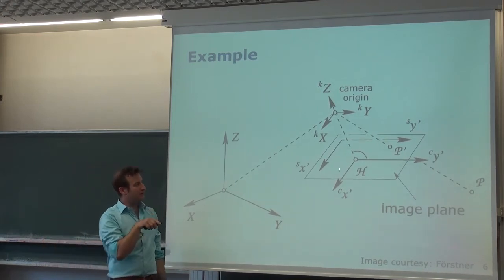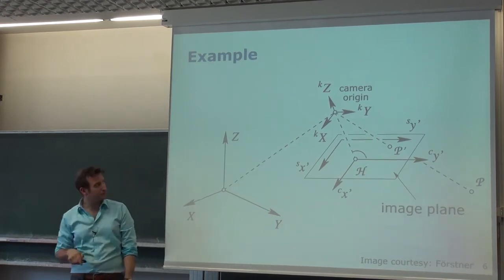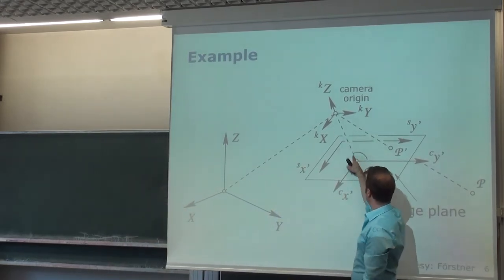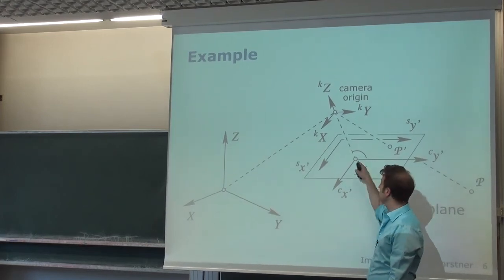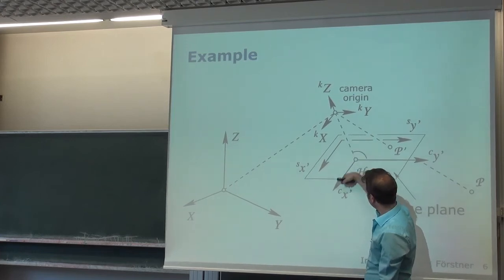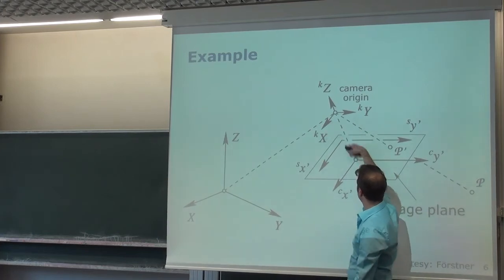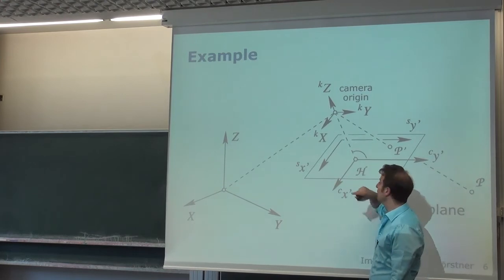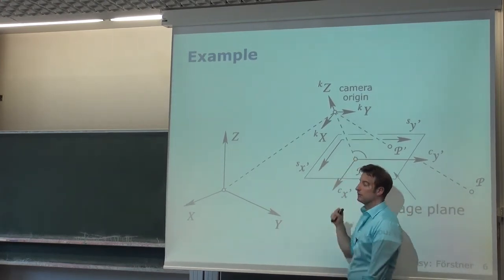Between the camera system over here and the image system, given that we assumed this is the line perpendicular to the image plane, the x-coordinate is aligned with my image plane. So this x-coordinate is aligned with this one, and this y-coordinate is aligned with this y-coordinate. And the distance here is exactly c, my camera constant.